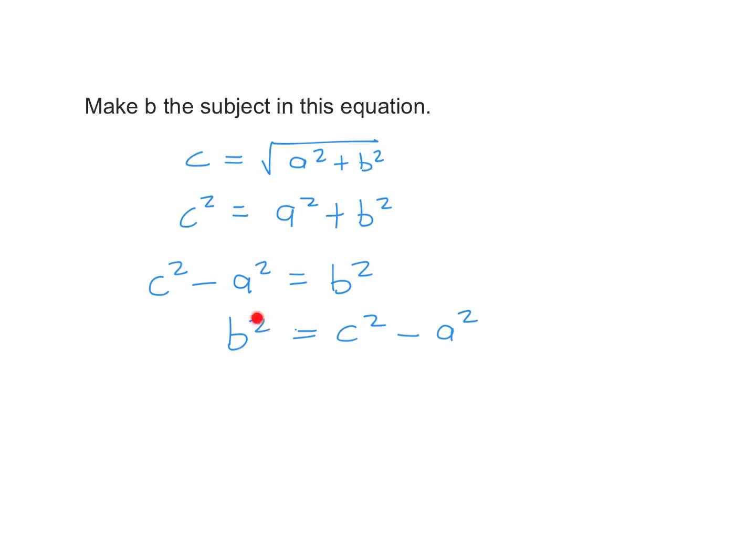And now the inverse operation of squared is square root. So in order to get b by itself, we go b equals the square root of c squared minus a squared. And we have now made b the subject in this equation. And that's the end of using formulas.